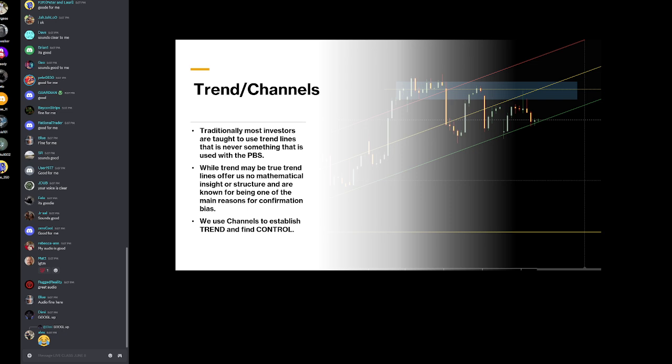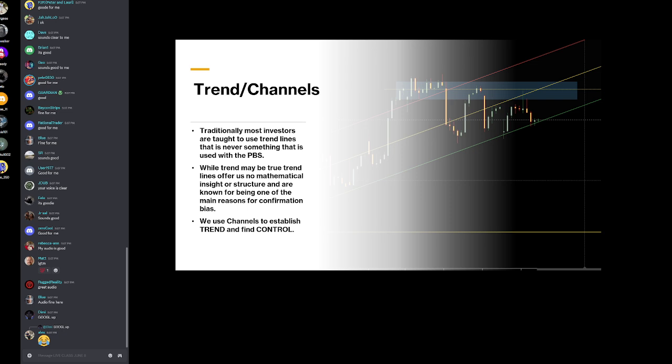Now, drawing hand lines, who are you to think that your hand-drawn line works? Maybe sometimes it does, because occasionally we who use channels can find the same resistances, but at the end of the day, it's horizontal levels that are the most important.